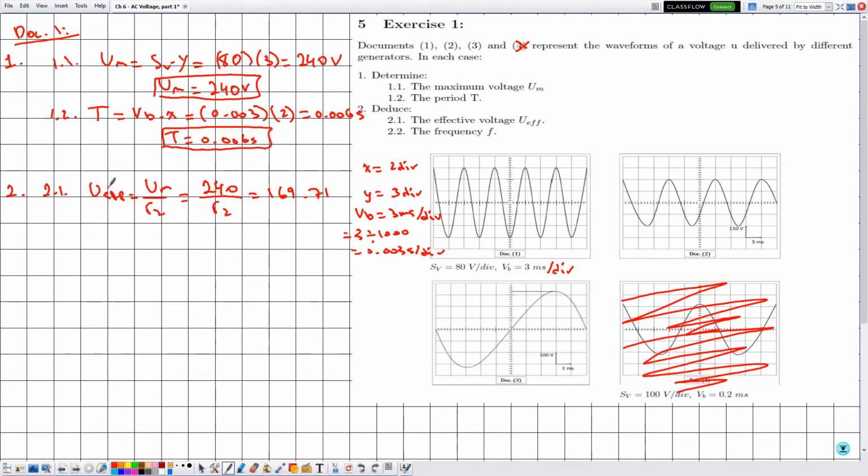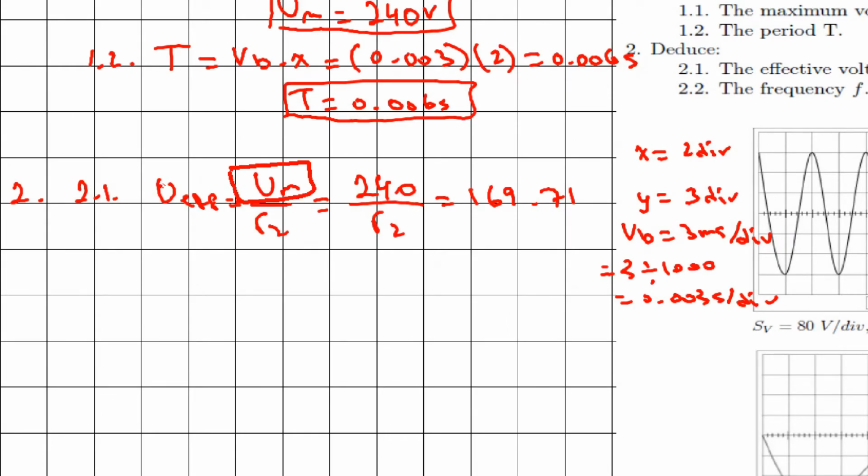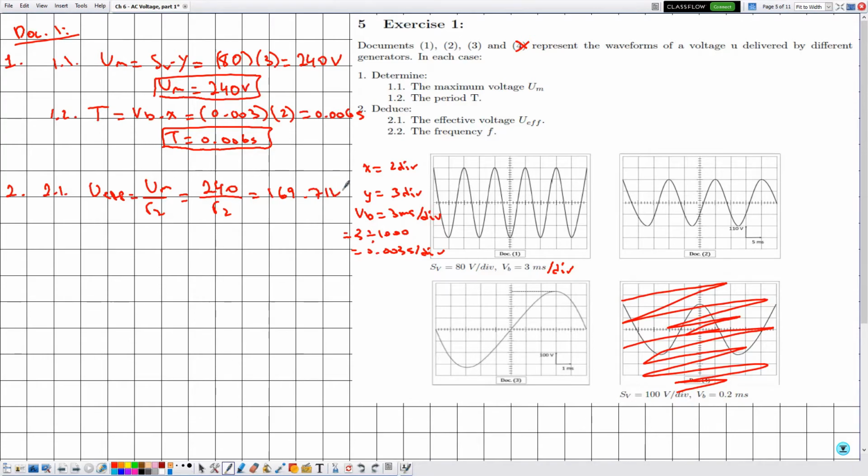Since this is expressed in the SI, U effective will be expressed in volts. Then U effective is given by 169.71 volts.